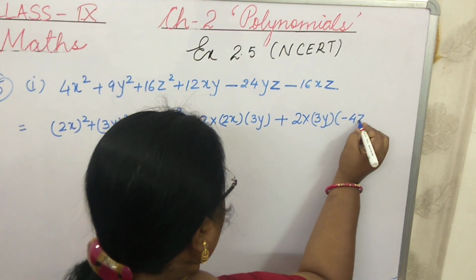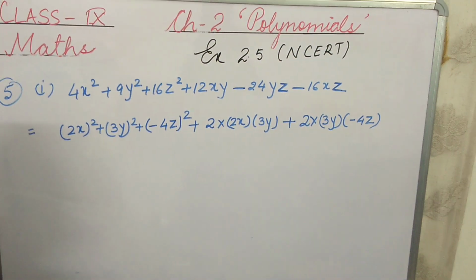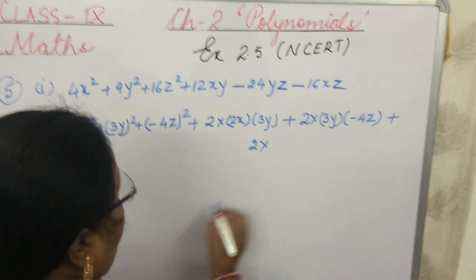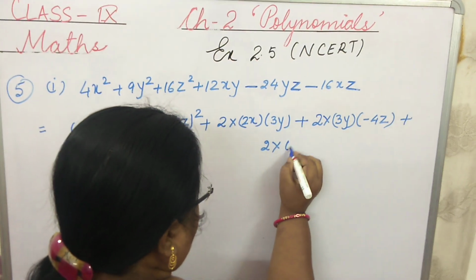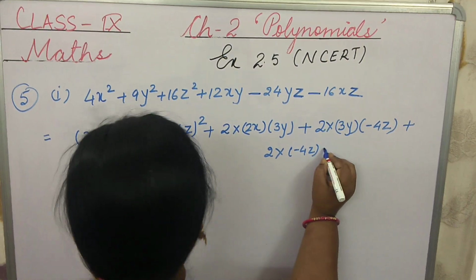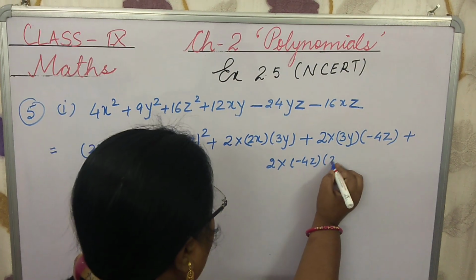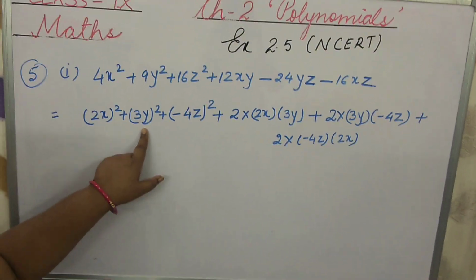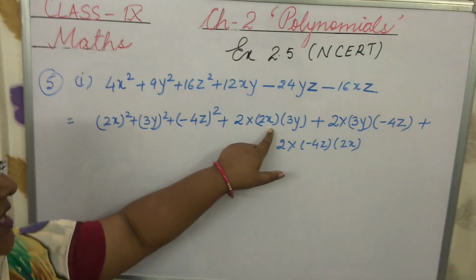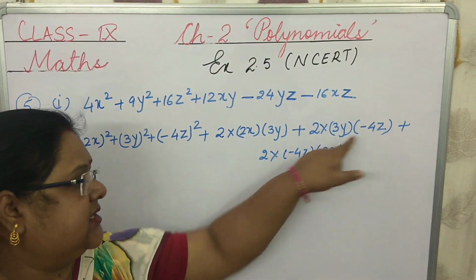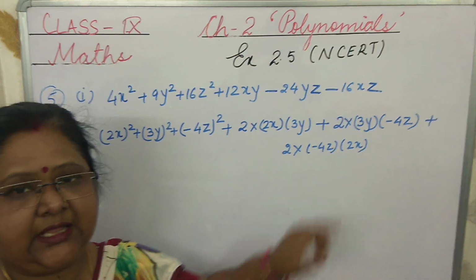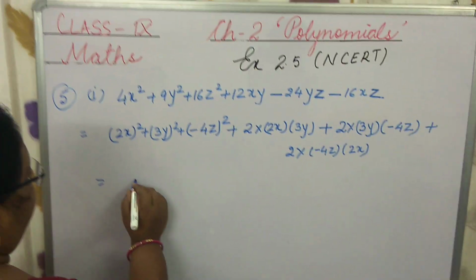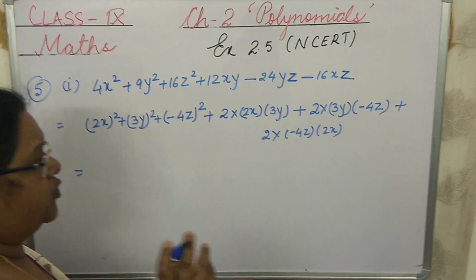Minus 4z, plus 2 into minus 4z into, what is x over here? 2x. So it is in the form of a square plus b square plus c square plus 2ab plus 2bc plus 2ca. Now that is the expanded form of a plus b plus c whole square.